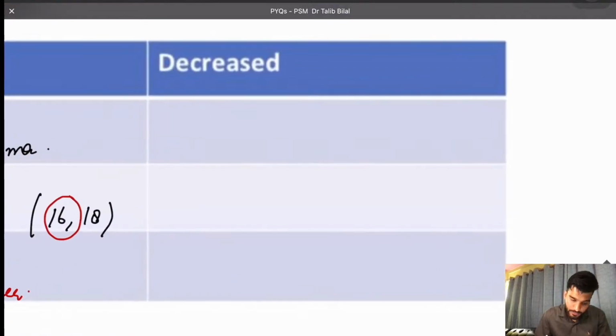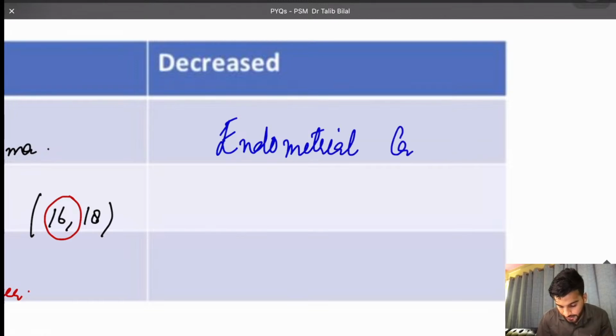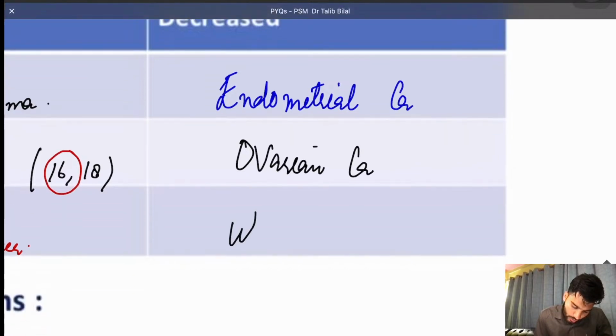If I talk about endometrial cancer, OCPs decrease the chances of endometrial cancer. They decrease the chances of ovarian cancer and uterine cancer.